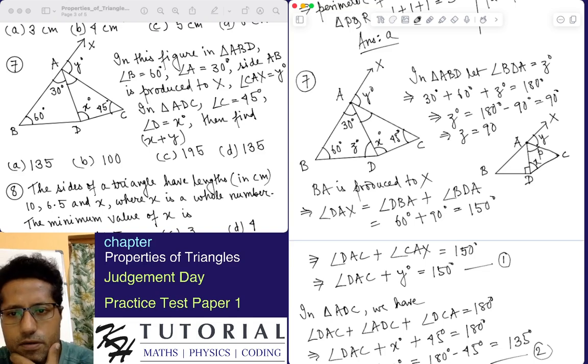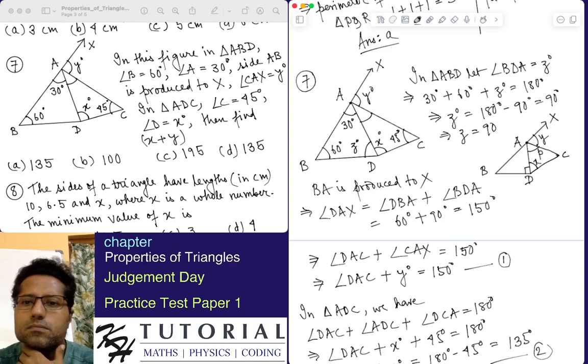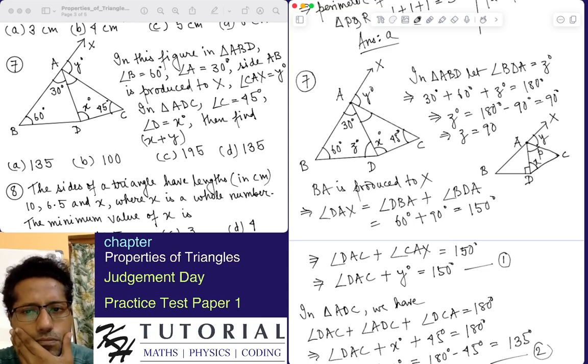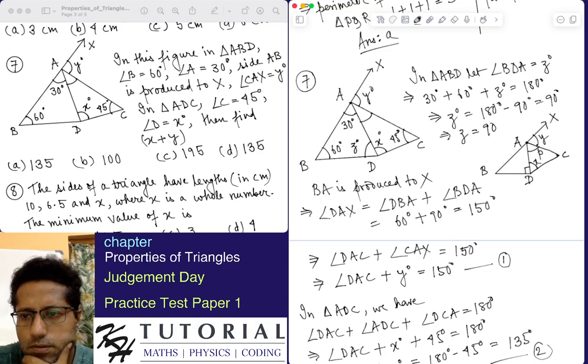There are only two triangles formed, and so if this is angle P, then we will have P plus X equals 180 minus 45, that is equal to 135.